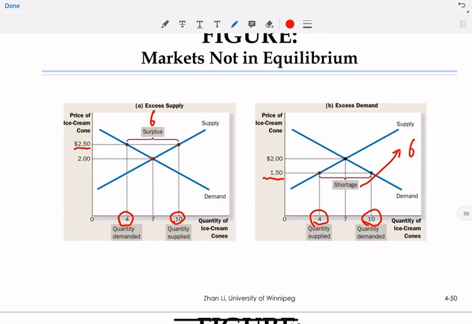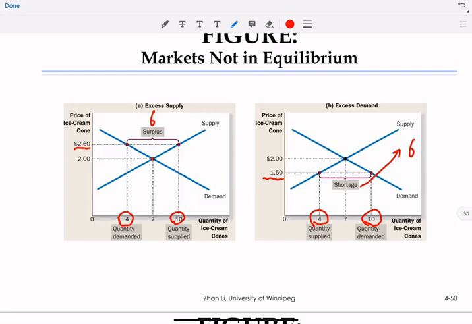So what kind of conclusion can you draw here? Well, basically, the conclusion is if the market price is larger than the equilibrium price, there will be surplus. If the market price is too low, that is, if it is lower than the equilibrium price, there will be shortage.